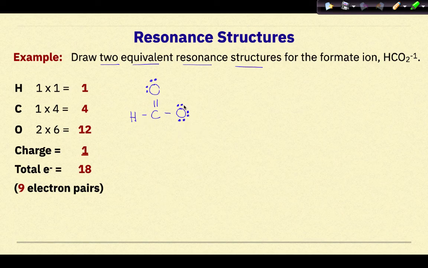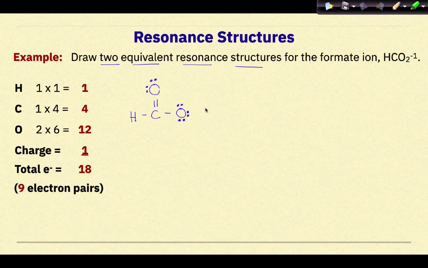And everything here has its full octet. The hydrogen has its duet. The central carbon has 4 shared pairs to give it its 8. This oxygen has 2 non-bonding pairs, 2 shared pairs, and this oxygen has 3 non-bonding pairs and 1 shared pair.